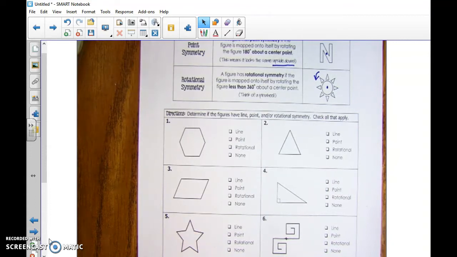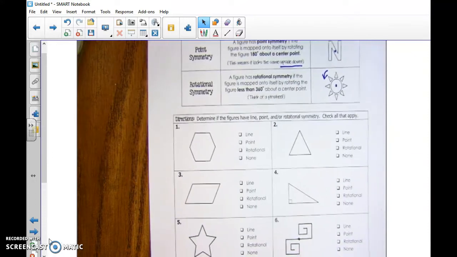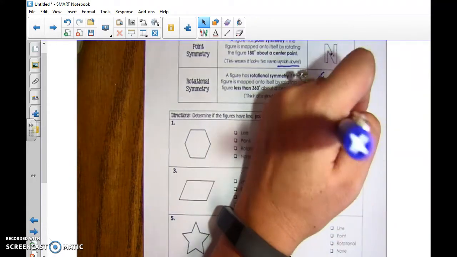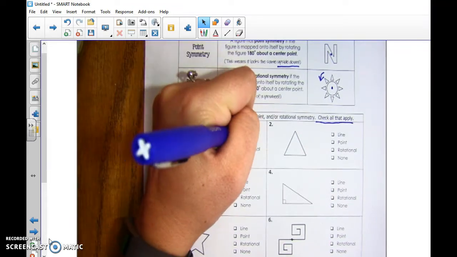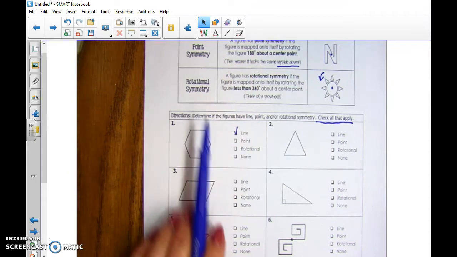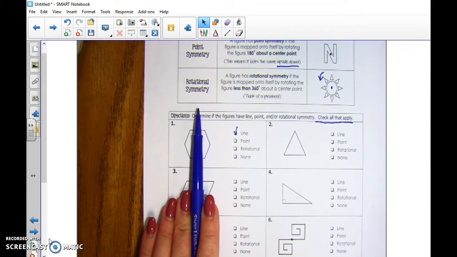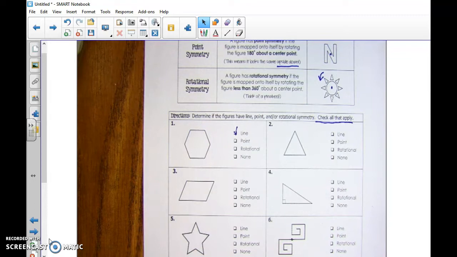So I will do a few of these examples down here. So when we're looking at this one, we're going to check all that apply in our practice, okay? Because sometimes you can have line, point, and rotational symmetry. So, like on number 1, when we look at this one, we can say that we have line symmetry, because if we drew a line straight down the middle, then we would have symmetry there.